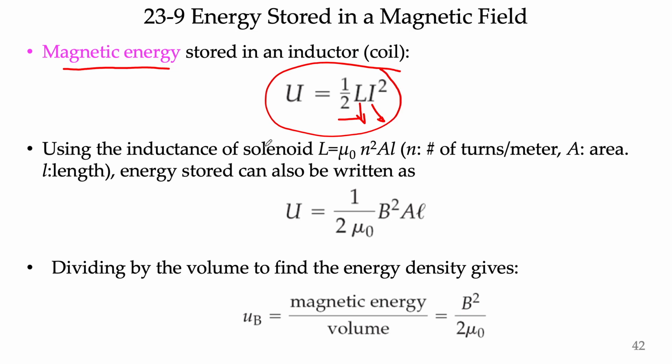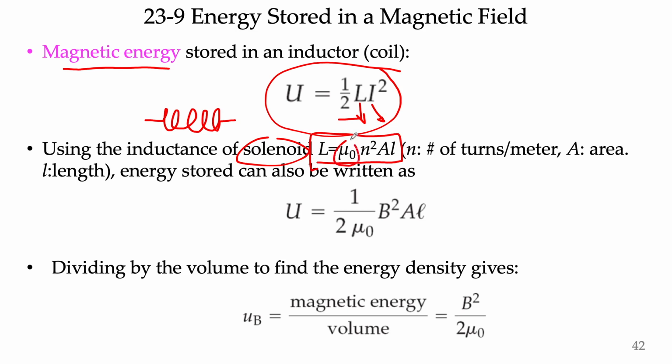Now, if you remember the solenoids that I showed you in the previous lecture, they are basically coils like this. I will not calculate it here; you can look at the book if you are interested, but the inductance of this solenoid is given by this formula. Mu0 is the permeability of free space, so it's some number.